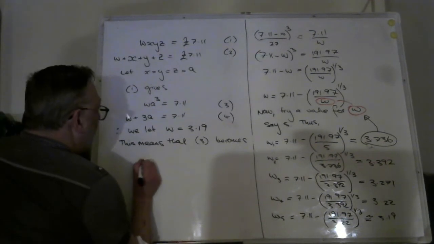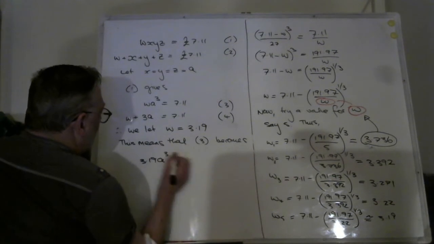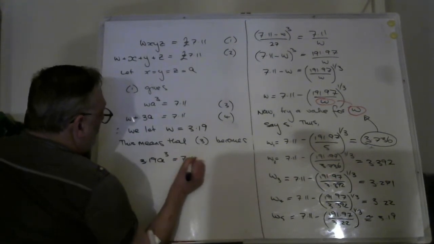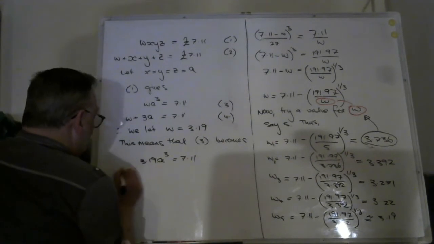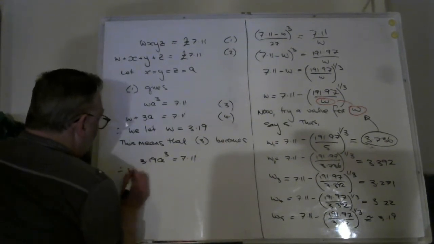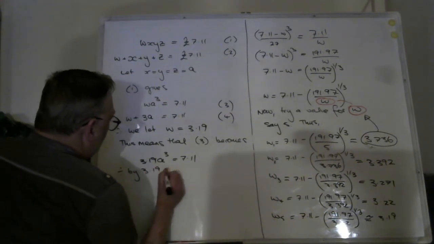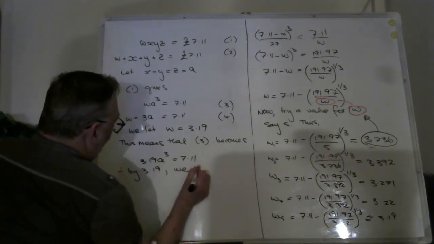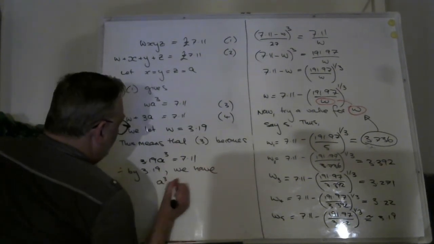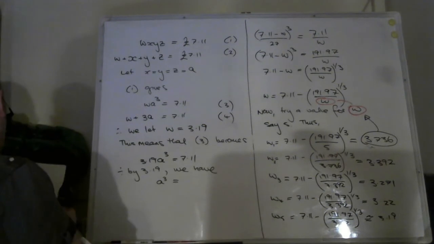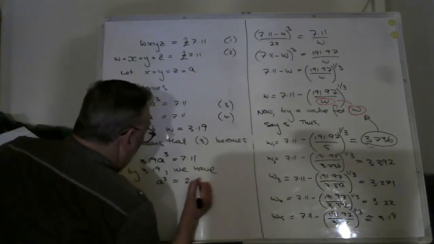So we've got 3.19 a cubed, which is equal to 7.11, right? So dividing both sides by 3.19, we have a cubed is equal to, and what did I get? 2.2274.